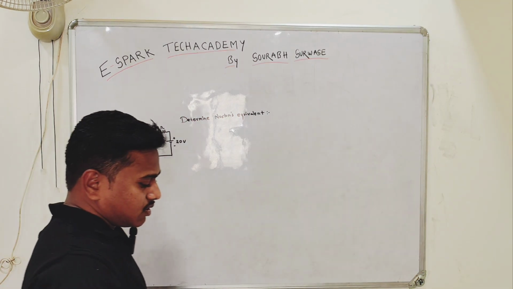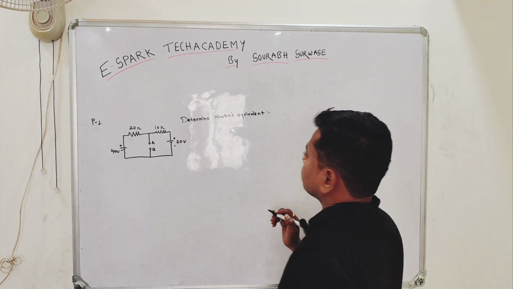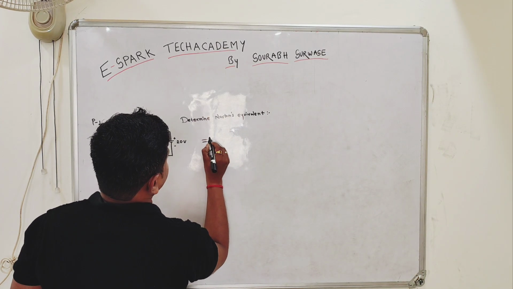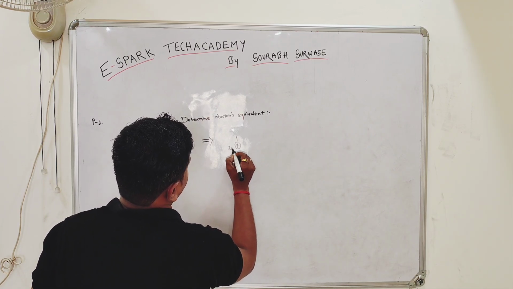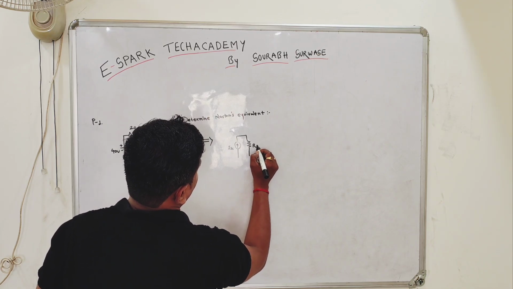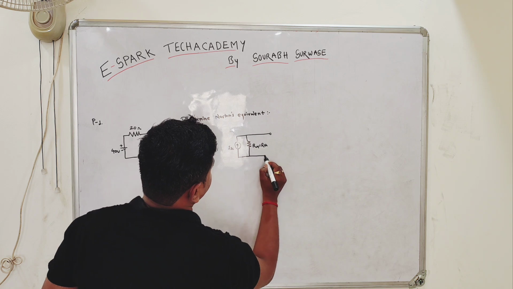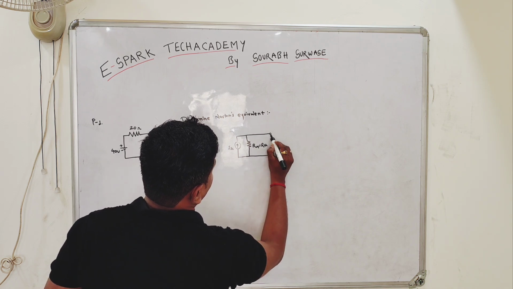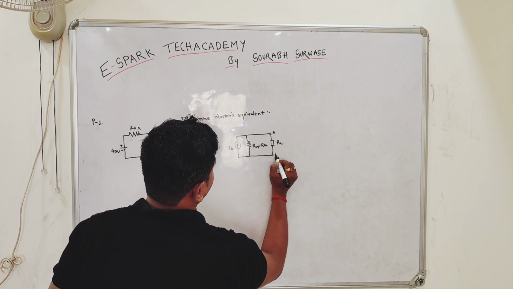Now in such cases when they ask for Norton's equivalent, we have to first reduce this circuit into ISC in parallel with a resistance, which will be Rn, equal to Rth, at the points where the load resistance will be connected.